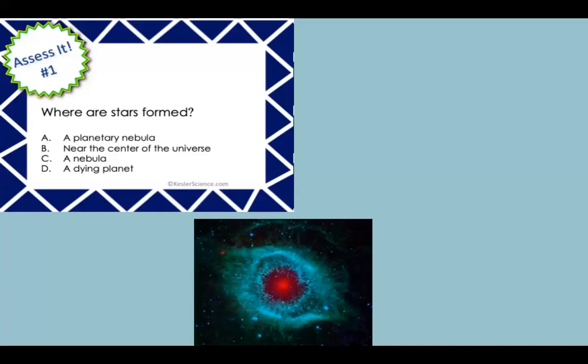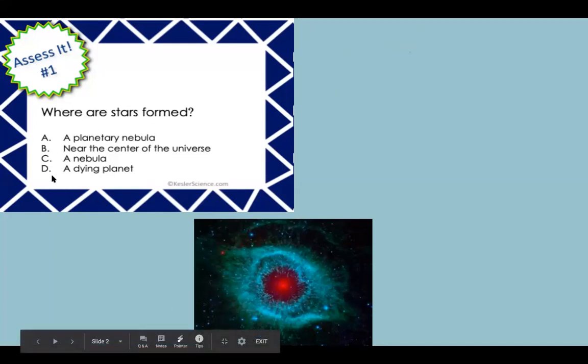It says, where are stars formed? A, planetary nebula. B, near the center of the universe. C, a nebula. Or D, a dying planet. So if we're thinking about where stars form, we can immediately say, no, it is not going to form as a dying planet.